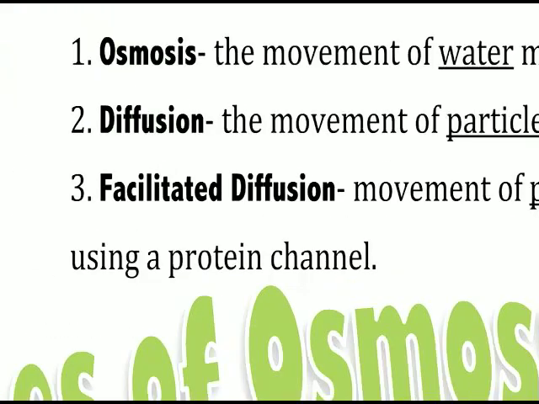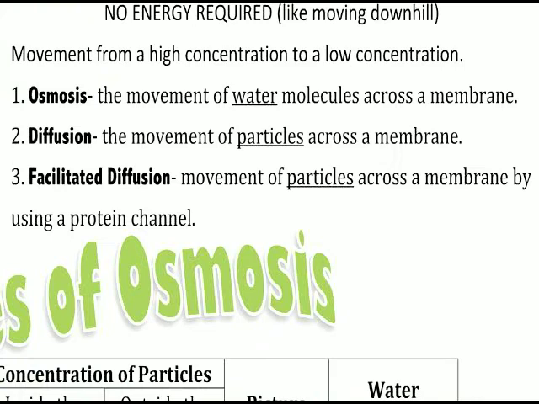And facilitated diffusion is the movement of particles across a membrane by using a channel protein. And this is going to be for molecules that are very large, things like starch or protein. These particles can't move through the membrane without having some kind of door to go through. And so this is facilitated diffusion because you have a protein channel that's facilitating the movement of these particles into the cell. These are the three kinds of passive transport.